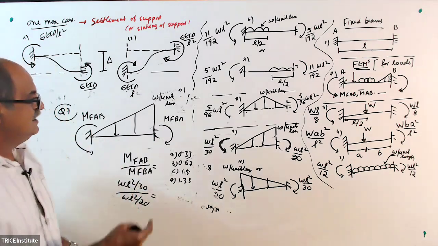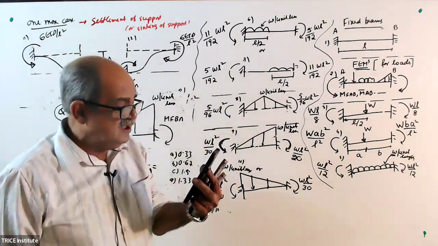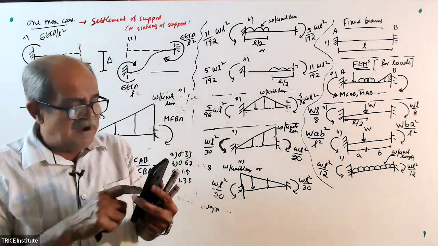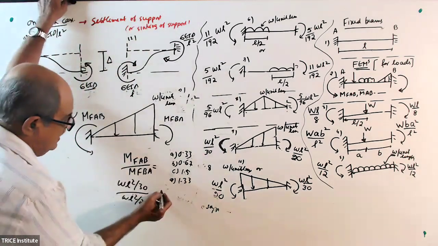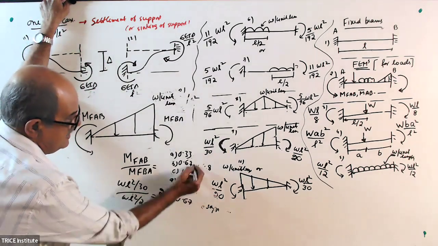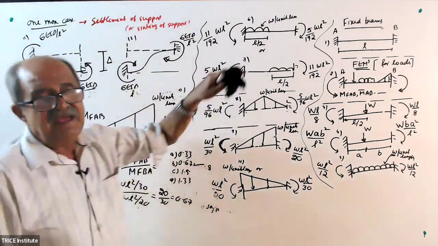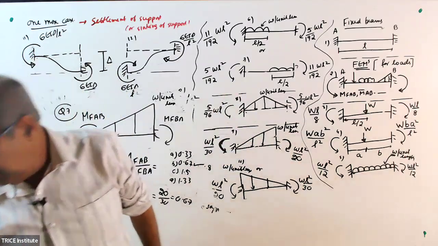Tell the answer. This is WL square by 30, that is WL square by 20. So they want WL square by 30 by WL square by 20. It is 20 by 30, so the answer is 0.67. Suppose they ask MFBA by MFAB, then it is 1.5. Clear?